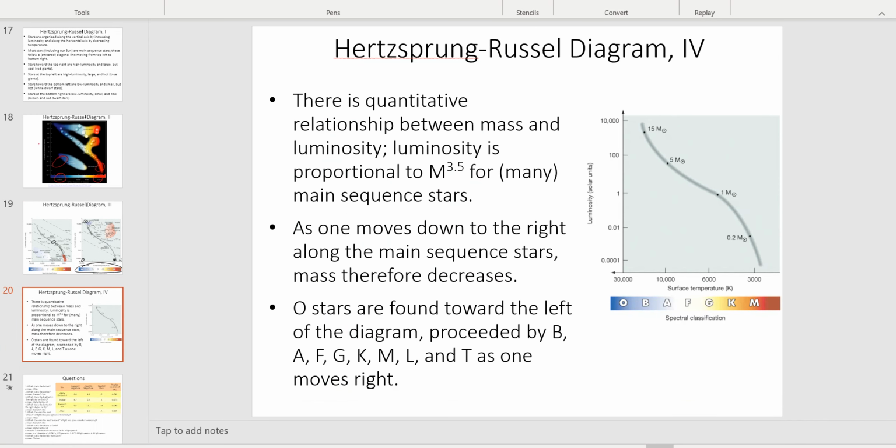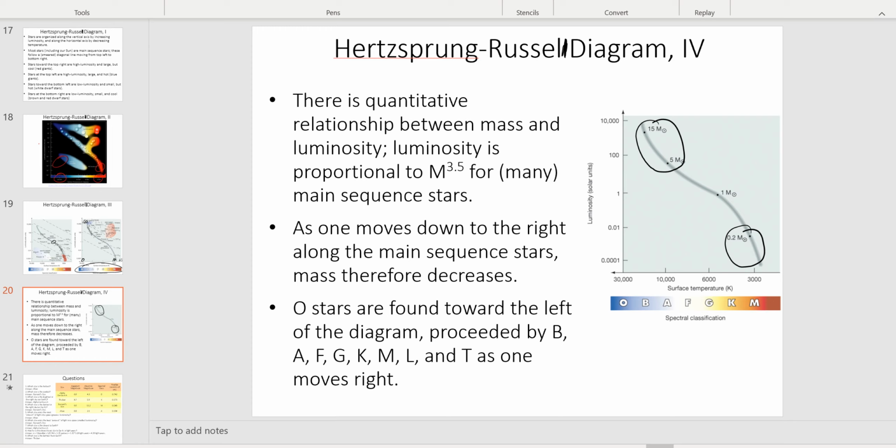Let us finally talk about the mass relationship just very quickly, and then I'll end this lecture. So for the main sequence stars, there's a relationship between the luminosity and the mass. And it doesn't really so much matter what it is, but the point is that the stars that are up here are the most massive, and the stars that are down here are the least massive.